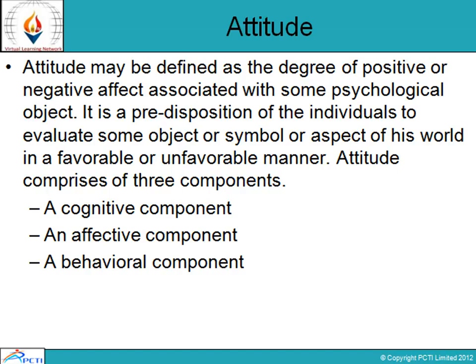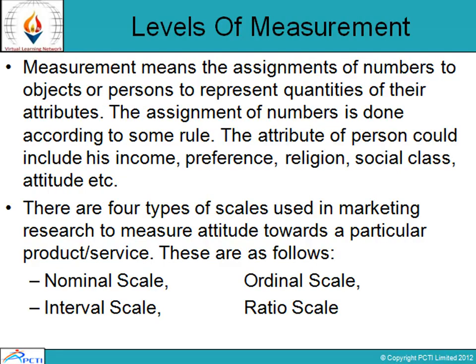Now when we talk about level of measurements, measurement basically means assigning numbers to objects to represent the quantities of their attributes. The assignment of numbers is done according to some standards and rules.